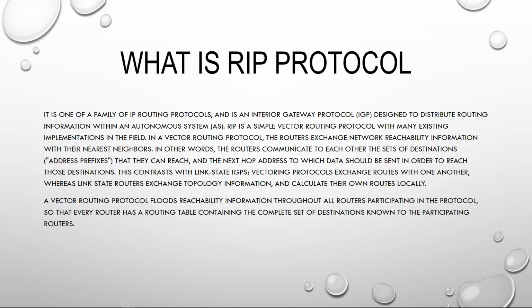A vector routing protocol floods reachability information throughout all routers participating in the protocol, so that every router has a routing table containing the complete set of destinations known to the participating routers. Another word that they call RIP is routing by rumor.